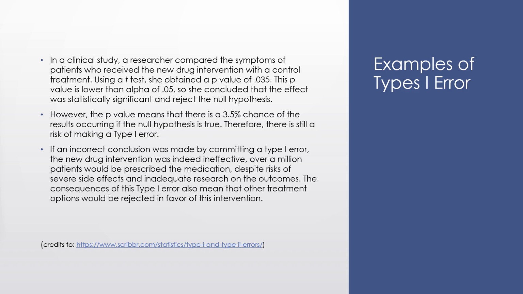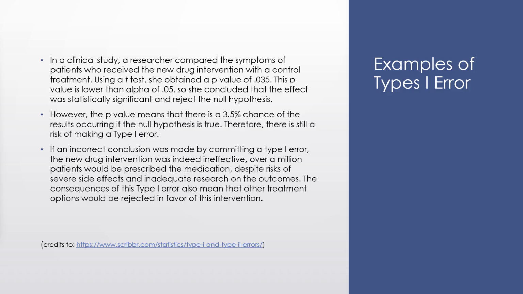Imagine that in a clinical study, a researcher is investigating the effectiveness of a new drug. She compares the symptoms of patients who received the new drug with a control group without treatment. Using a t-test, she obtains a p-value of 0.035.